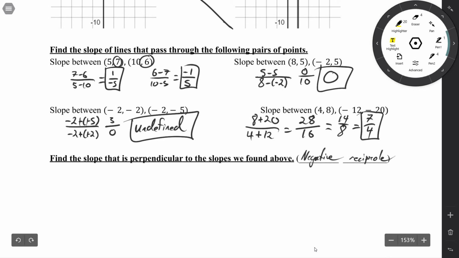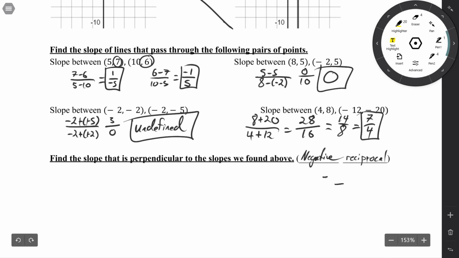I'm going to double check to make sure I'm spelling that right. I think I was spelling it right, but it's just so hard to read. Let me spell that out again. We've got reciprocal. First off, negative, we're just going to throw a negative in there.